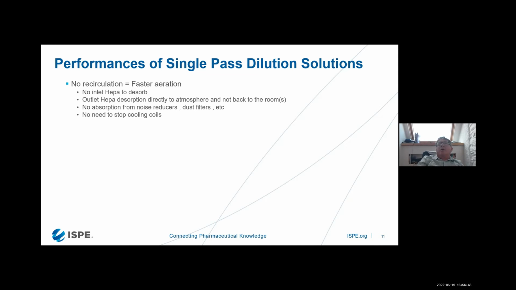Now, if we have a single pass, then there is no more problem for the exhaust filter to get back to the room. It's very simple. It's simplifying a lot the process.